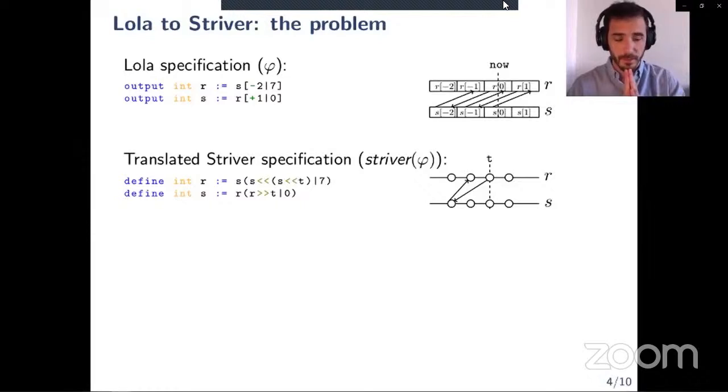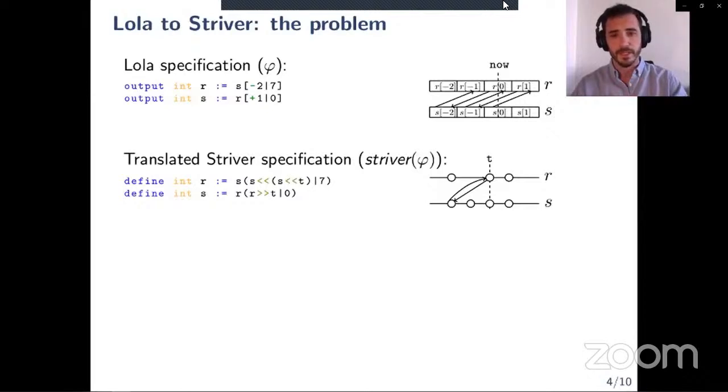But the problem is that in Striver, since the streams are asynchronous, we cannot count on the presence of r at that point, and it cannot exist. And if it doesn't exist, the value of the event of s at that point depends on that event in r, and we end up with a circular dependency, which is something to avoid because it renders the specification not well defined.